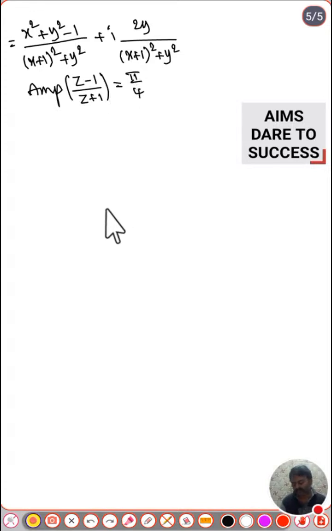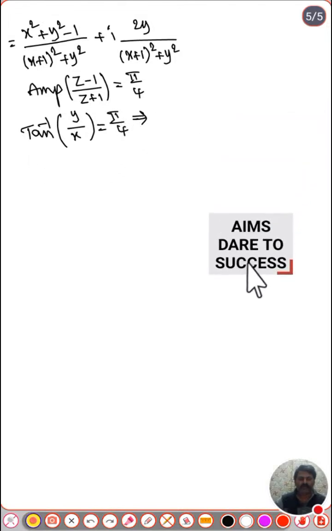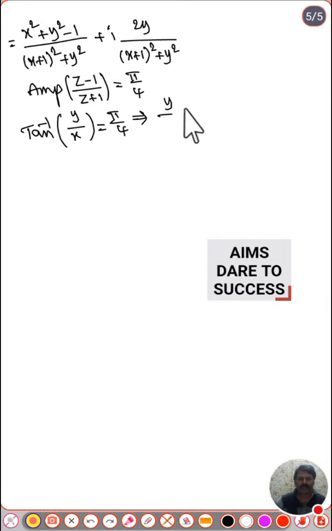Amplitude means tan inverse of the y value by the x value, which is equal to pi by 4. Cross multiply, tan inverse coming to the right side, we get the y value by the x value is equal to tan pi by 4.